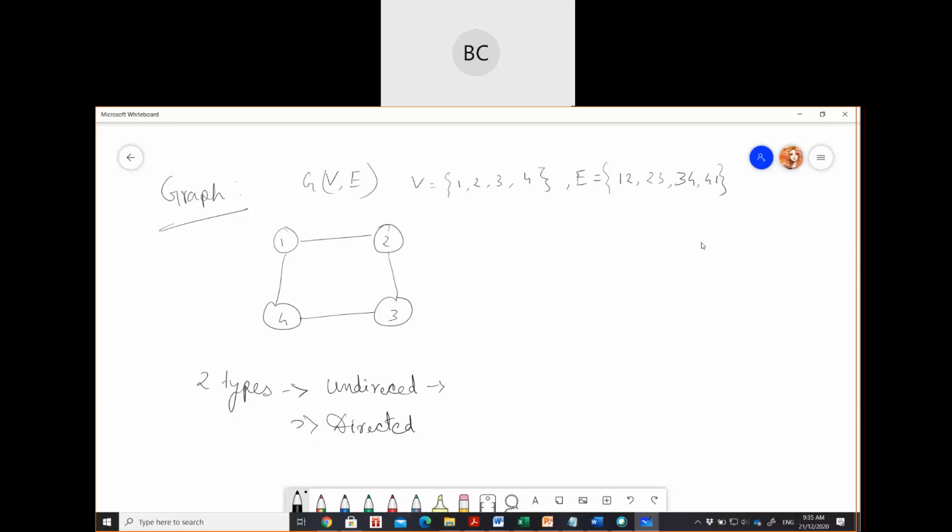For a directed graph, there will be specific directions. So this is your undirected graph.